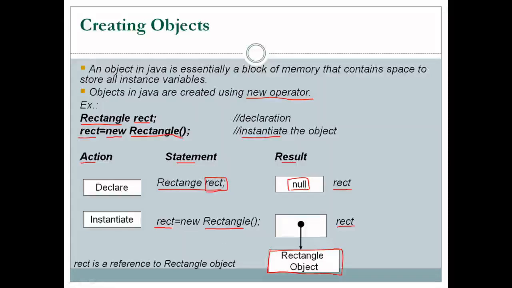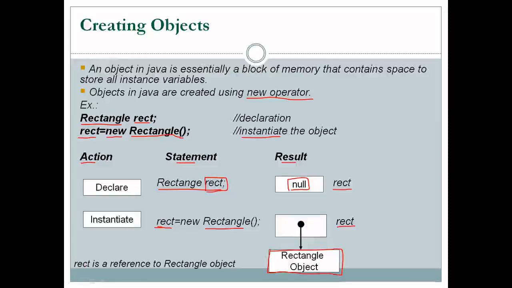So when you instantiate an object, at that time memory is allocated to that object. When we declare an object, no memory is allocated to the object. The object simply has a value that is null. But when we instantiate an object, memory is allocated and our reference variable rect points to that particular memory.